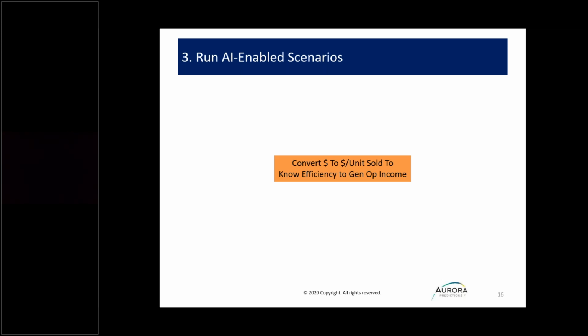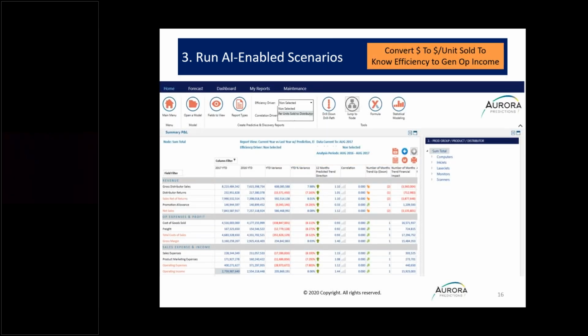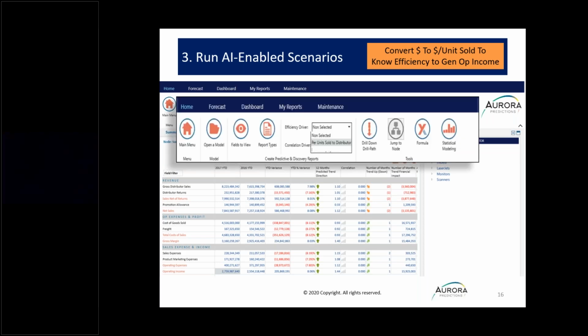But in order to manage my portfolio, I really need to know which products are the most efficient at generating operating income, because my assumption in our planning scenario is that if we're going to have less sales of products, I really need to sell the products that are most efficient at generating operating income so that every sale counts. So we're going to come back and, let me blow this up over here. I'm blowing up the ribbon.